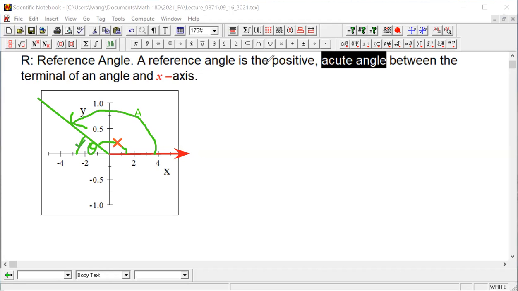So if I ask you, is reference angle a positive angle? You say, of course. If I say, is reference angle an acute angle? They say, of course. But a reference angle has to be acute and positive between the terminal and the x-axis. Okay, so let's look at another scenario.